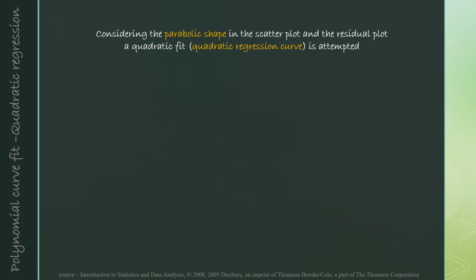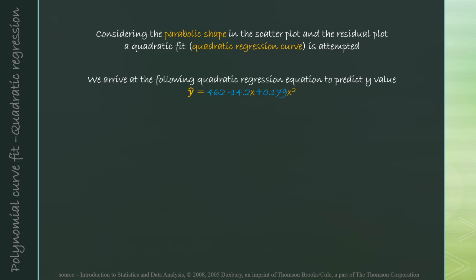Considering the parabolic shape in the scatter plot and the residual plot, a quadratic fit, that is quadratic regression curve, is attempted. We arrive at the following quadratic regression equation to predict y value. That is y hat equals 4.62 minus 14.2 multiplied by x plus 0.179 multiplied by x square.